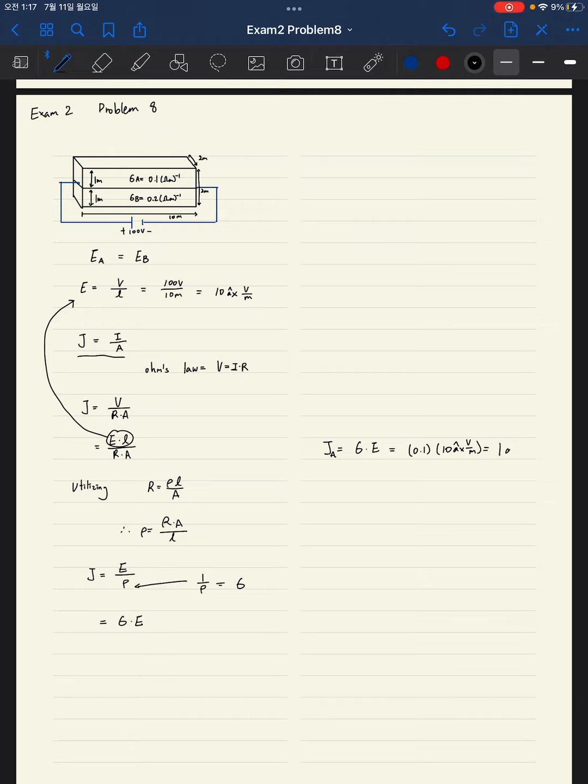This is equal to 1 A/m squared. Same for material B: this is equal to 0.2 times 10 V/m, and this is equal to 2.